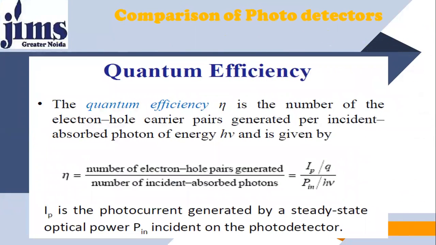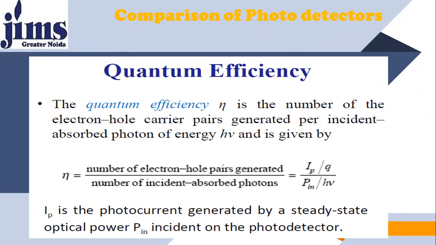There are some terms that we already discussed, such as quantum efficiency, denoted by eta, which is the number of electron-hole pairs generated per incident absorbed photon of energy h mu. So eta is the ratio of the number of electron-hole pairs generated to the number of incident photons absorbed.